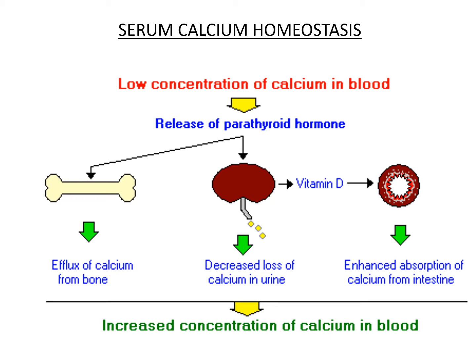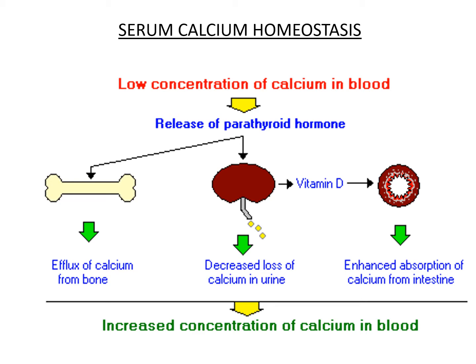Okay? So if you don't have active vitamin D, such as in renal disease, say you have really weak kidneys and you're unable to activate the vitamin D that's coming from your dietary sources and your skin, well, what's going to happen? You're not going to be able to absorb calcium from your gastrointestinal tract.